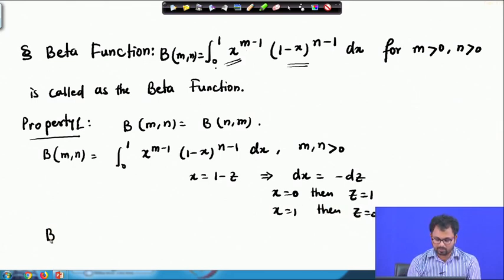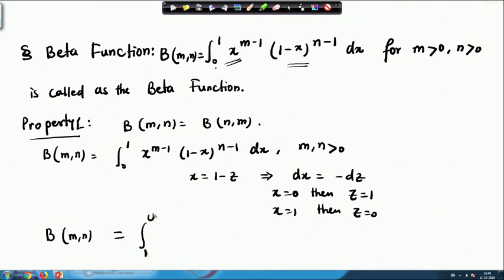Therefore, our beta mn would reduce to integral from 1 to 0 of (1 minus z) to the power m minus 1, and 1 minus x would become z to the power n minus 1, and for dx I have minus dz.